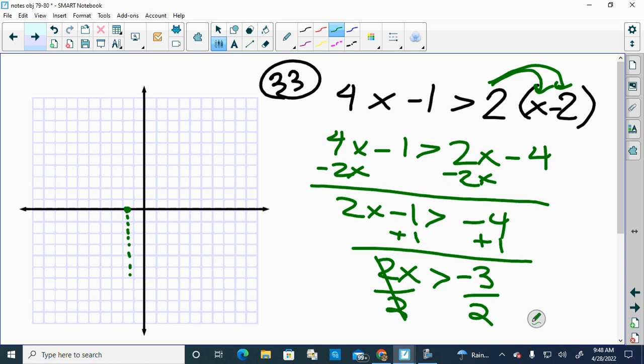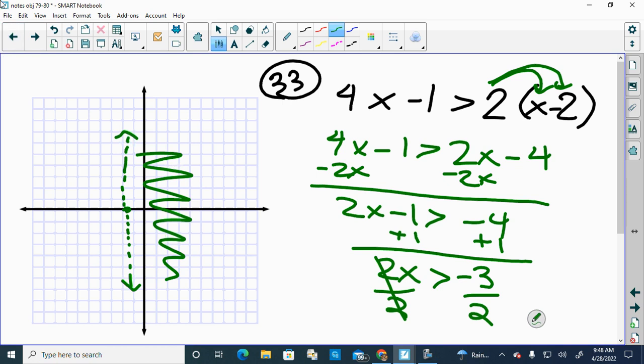Dashed. Shading to the left or the right? Good? Fairly easy?